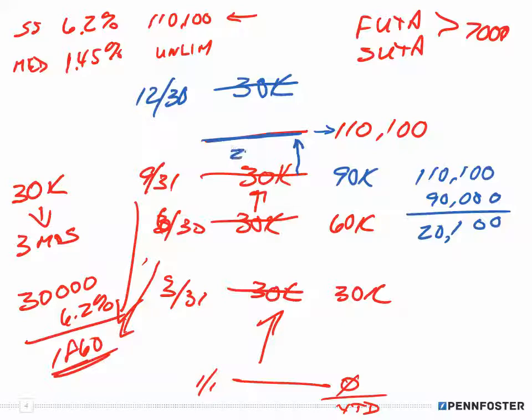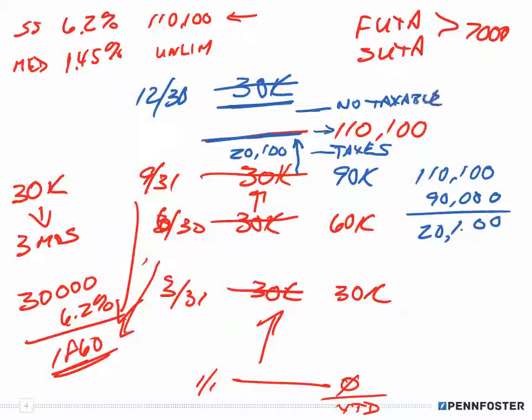That's the amount of that $30,000 paycheck that they're responsible to pay taxes for, because the amount above the $110,100 is not taxable. And out of $30,000, that ends up being $9,900.